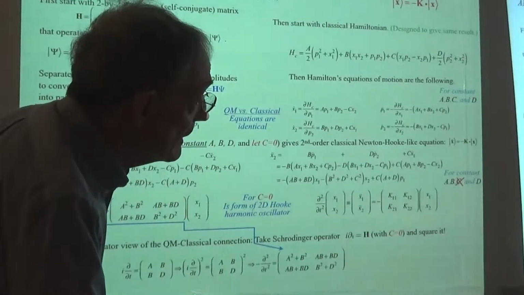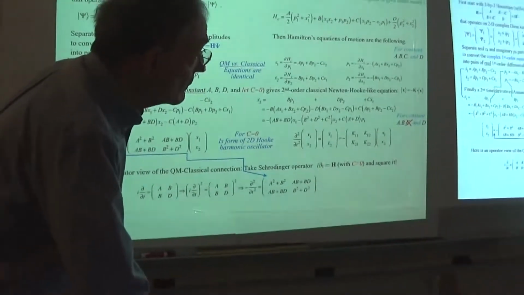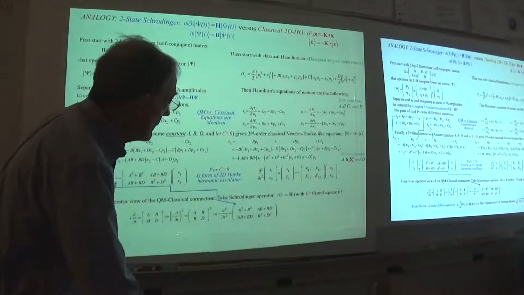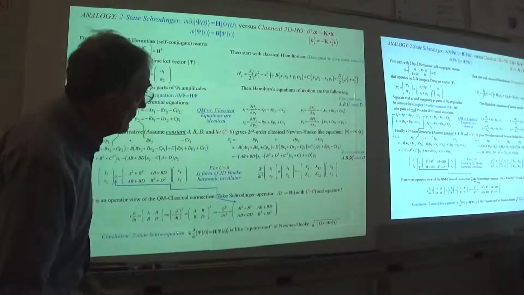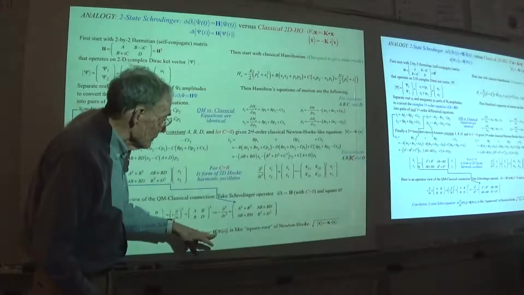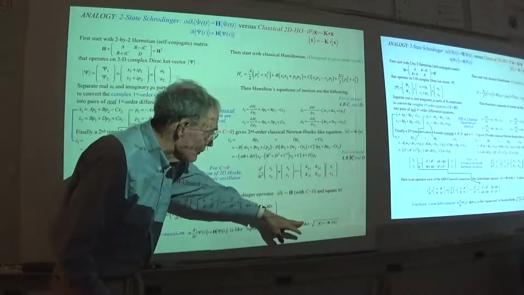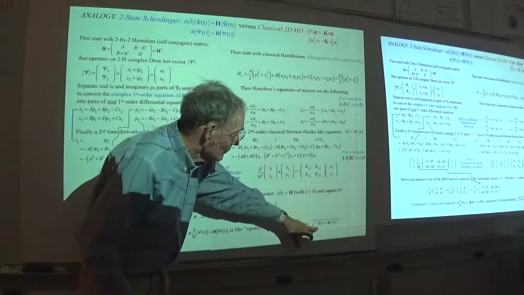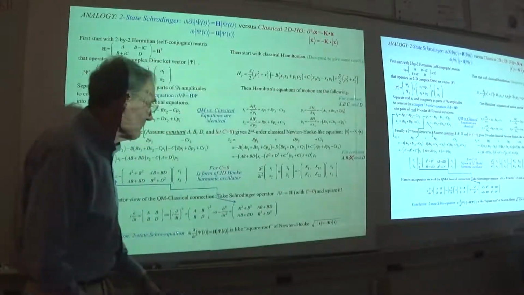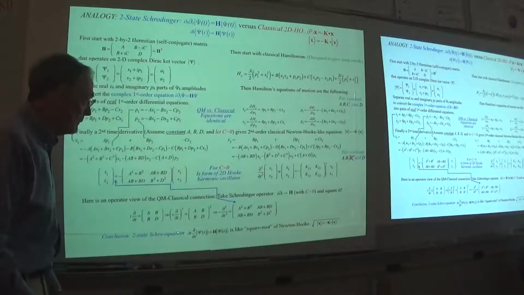We're down to 3. Okay, but what's interesting about this is that I can see this one at least as the square root of the Newton-Hooke equation. That is, I just literally take the whole square root of x double dot minus kx. Now, what's going on there?